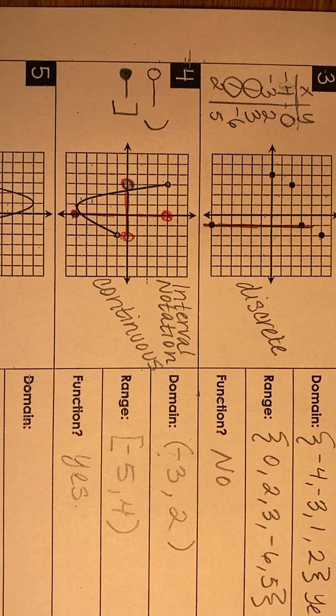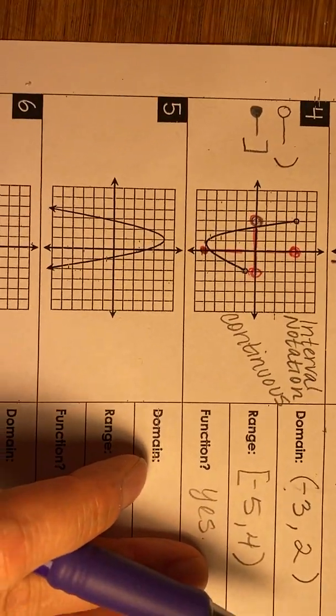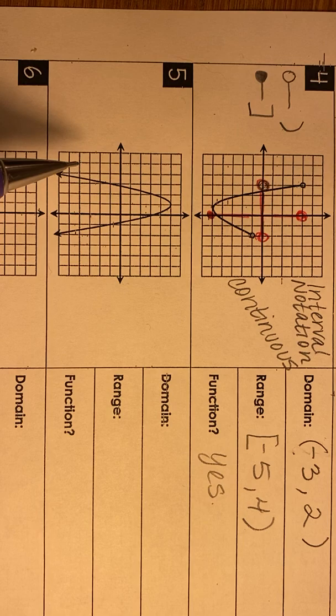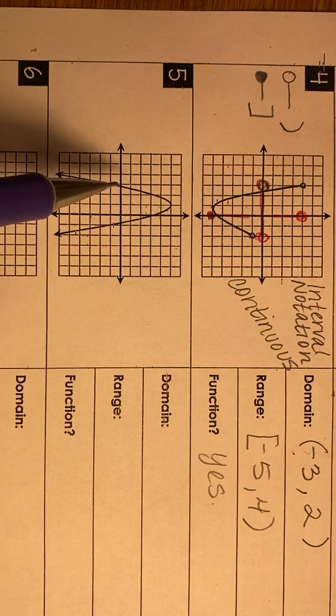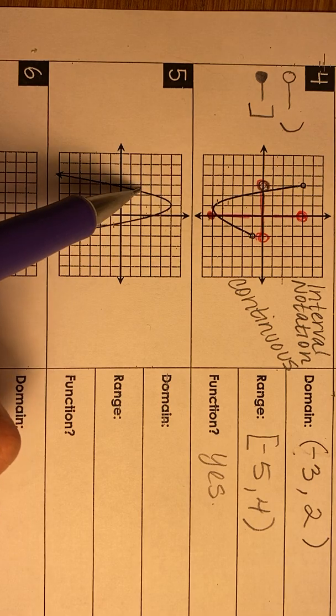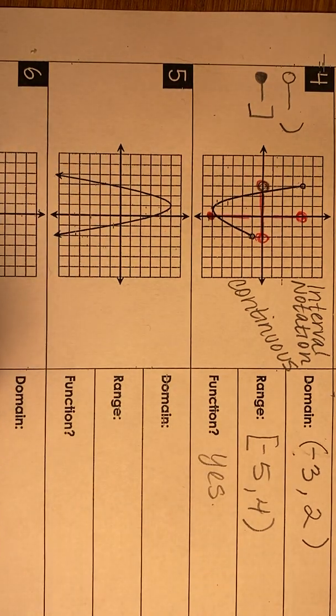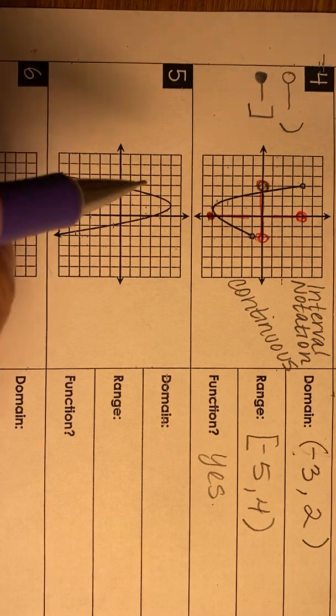Okay, so this one, number 5, is in the shape of what's called a parabola, and we will learn about these more when we're doing quadratics. Now, for this one, the domain going from left to right is going to be quite large, because notice with these arrows, they tell me that this is going to go on forever and ever and never stop.